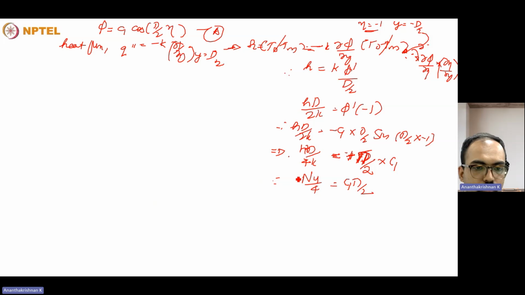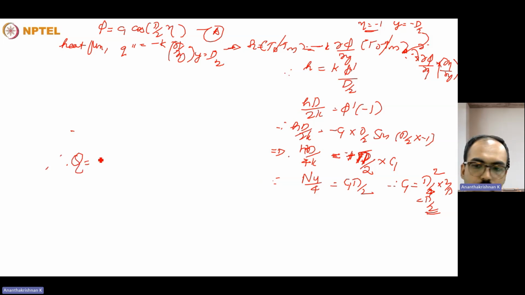So therefore C1 is equal to, the Nusselt number is equal to pi squared divided by 4 into 2 by pi, so that is equal to pi by 2. So C1 also will become equal to pi by 2.